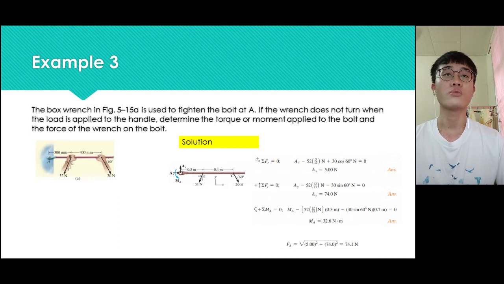From this equation we can solve for MA, which equals 32.6 Newton meter. After that, we need to find the force of the wrench on the bolt, which is FA. Since we already have Ax and Ay, we put both values into the Pythagorean theorem to get the resultant force at A, which is 74.1 Newton.